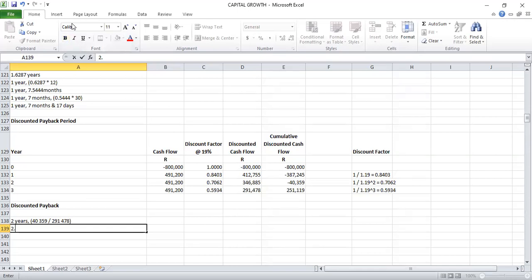So that means 2.1385 years. Then we can say 2 years.